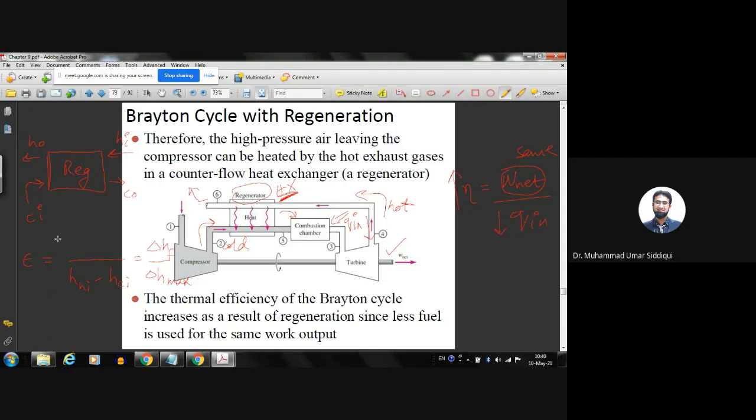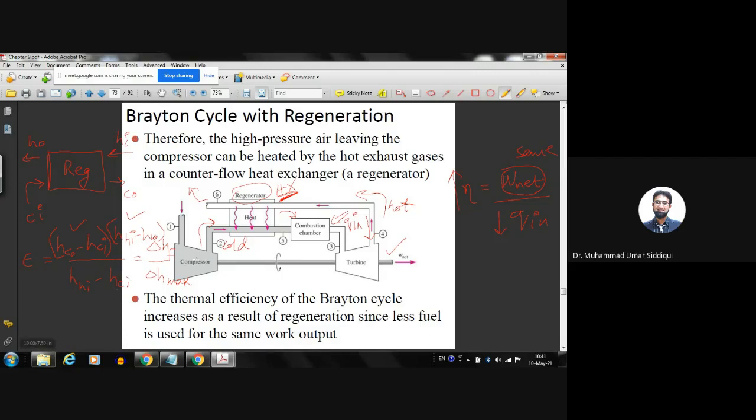Either one can be used in the numerator. Both are okay. These are the enthalpy difference of any one of the streams in the numerator. But in the denominator, we have the maximum enthalpy difference, so it should be hot in minus cold in.